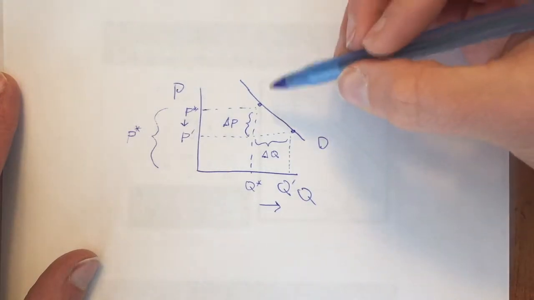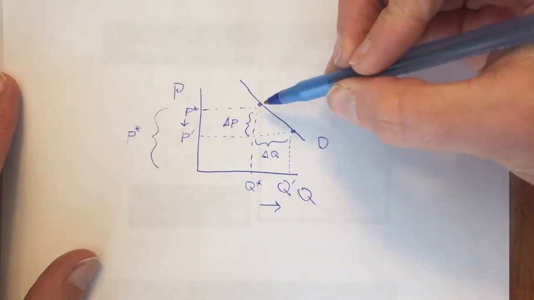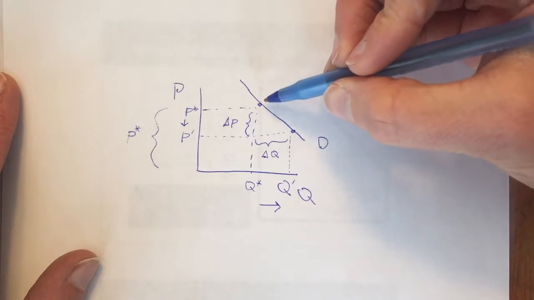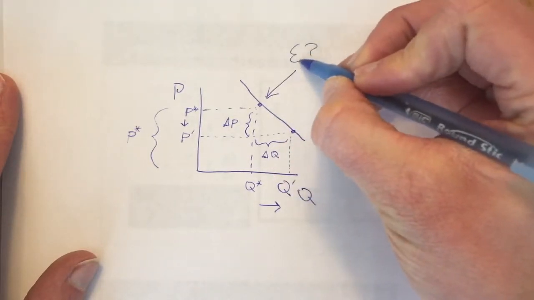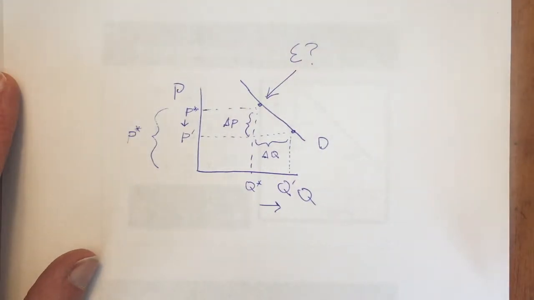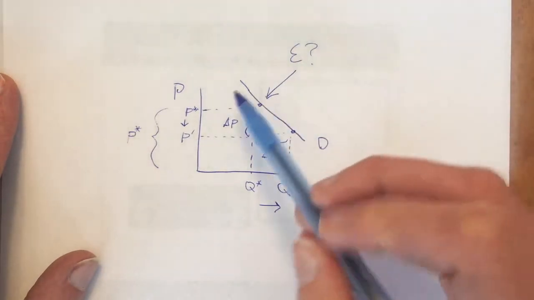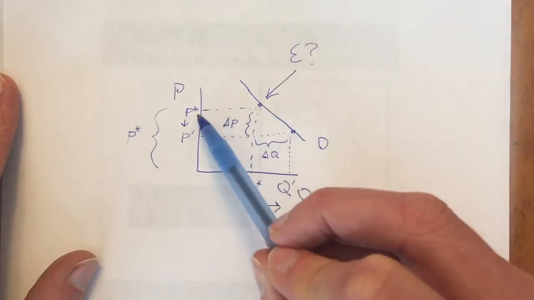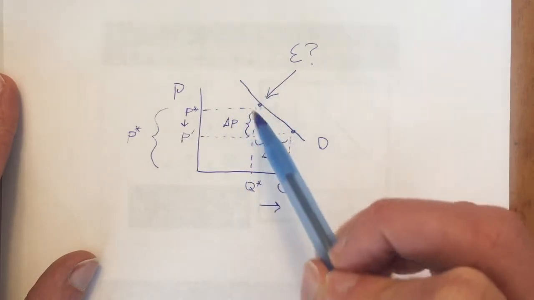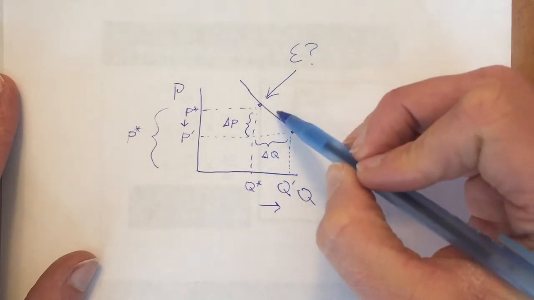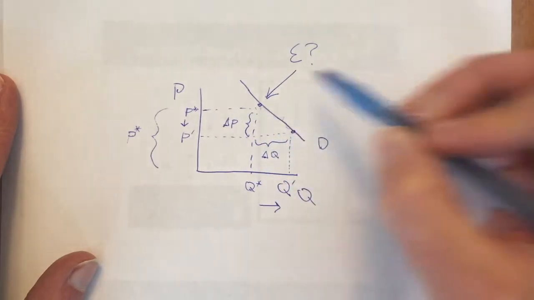All right, so we have the elasticity. We want to measure what this elasticity is right here at this point. And we're going to look at that point right there, which is the price-quantity pair, and its relationship with the slope of this line.